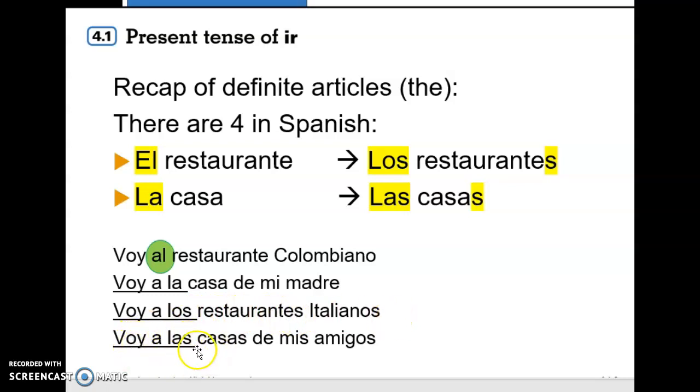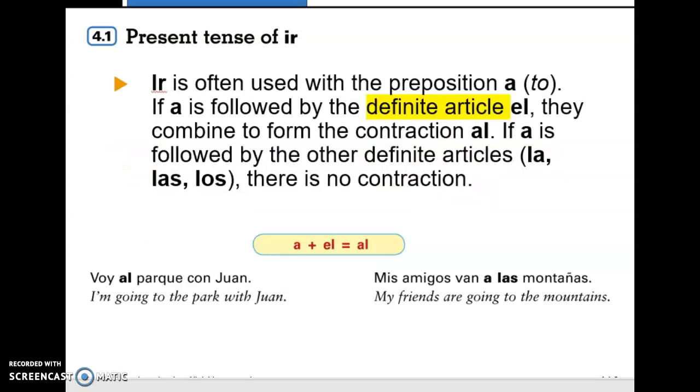Voy a las casas de mis amigos. So when we use la, los, or las, nothing changes. I'm just going to add in here a, which means in English to. But if we are using that with el, there's going to be a fusion that is going to become al.